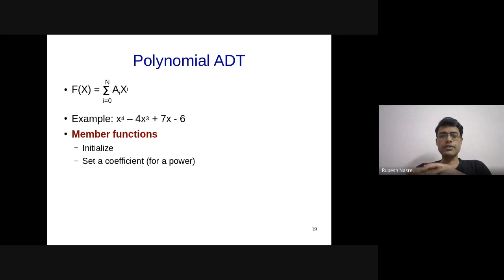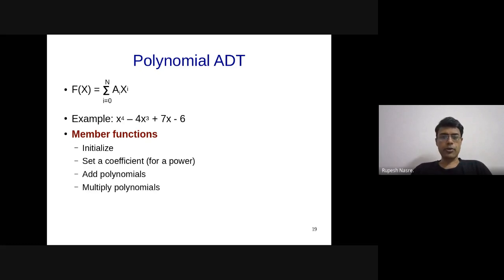So that could be your design decision depending upon how you want to implement. Initialization as zeros and setting a particular coefficient might turn out to be handy for us, because then we can create the polynomial as well as insert a particular term, which can be very useful when we perform operations on polynomials, such as addition or multiplication.